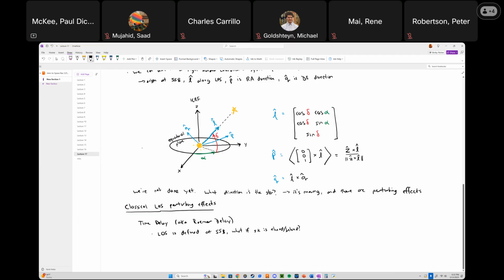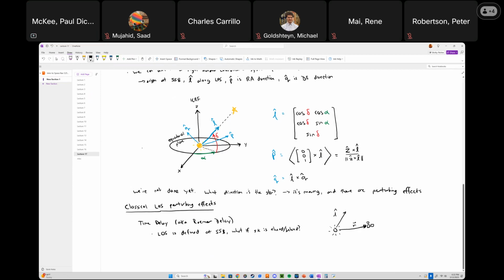So the way I'll write this out is here's the sun. Here is the line of sight direction that we care about. Here is some spacecraft at position R, with its little star tracker.